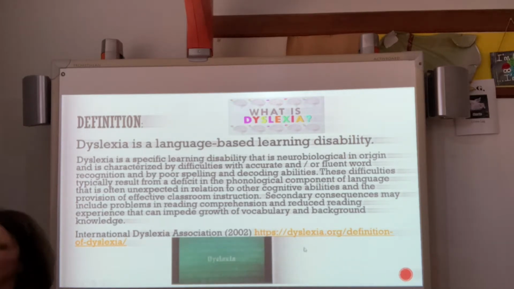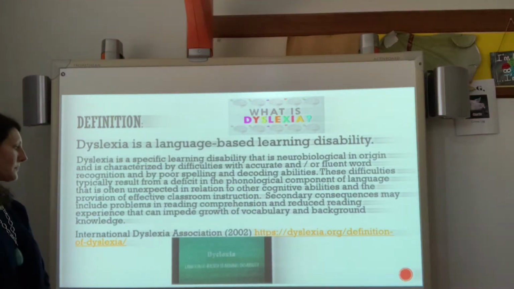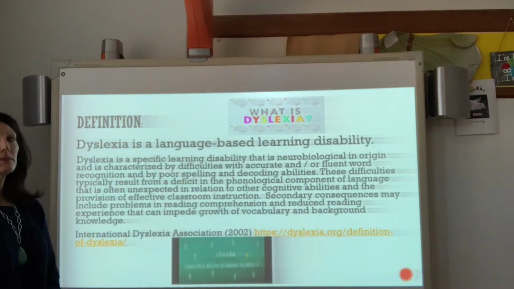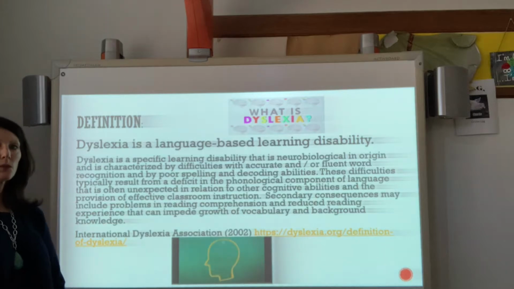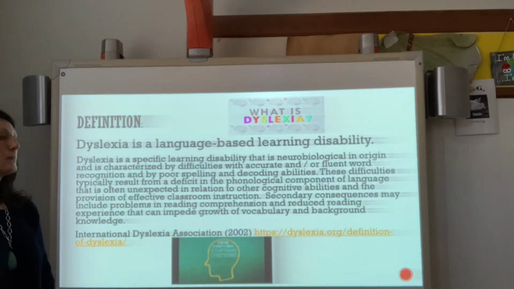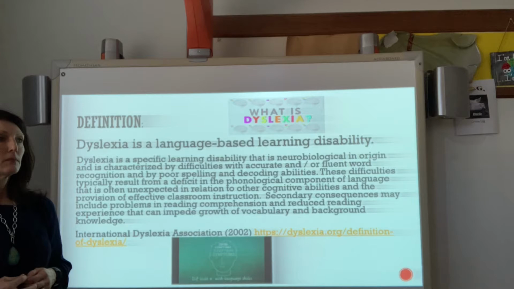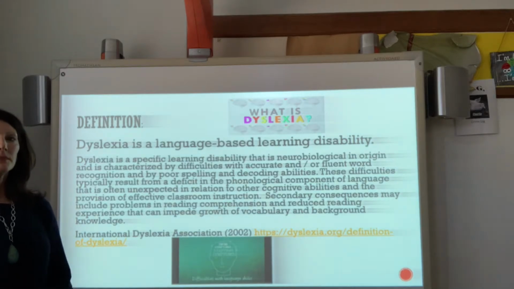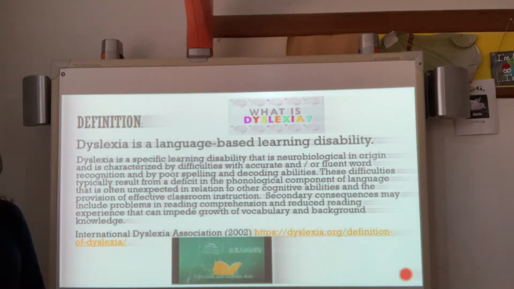Dyslexia is fundamentally a language-based learning disability that affects roughly 1 in 10 people. Dyslexia refers to a cluster of symptoms, which result in people having difficulties with specific language skills, particularly reading. Students with dyslexia usually experience difficulties with other language skills such as spelling, writing, and pronouncing words.